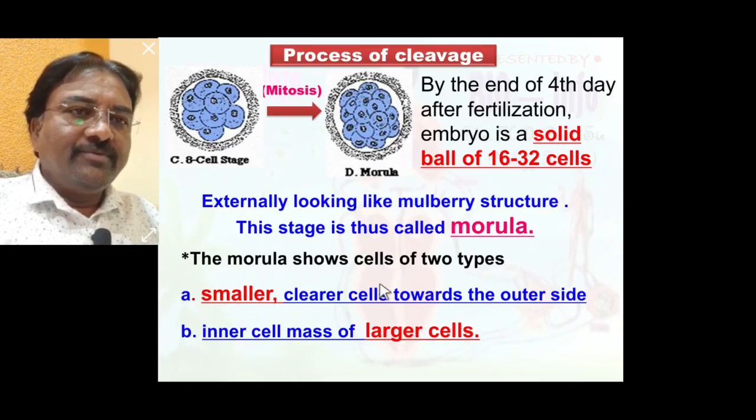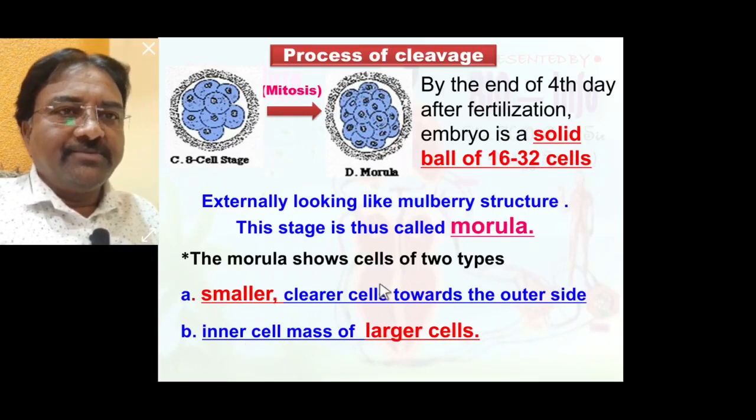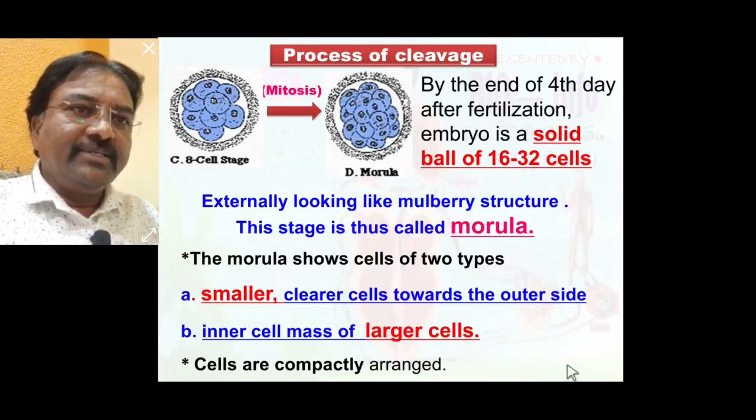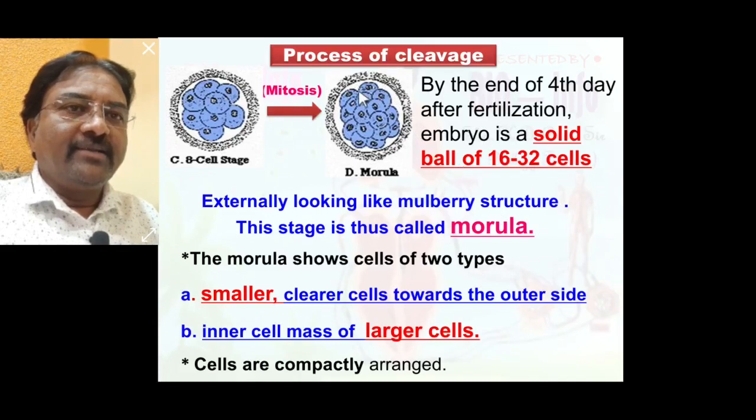So in the morula there are smaller cells towards the outer surface and larger cells towards the inner side. The cells are compactly arranged, one beside the other, all 16 or 32 cells.